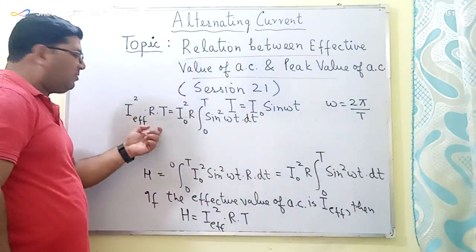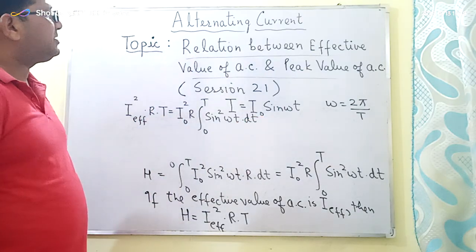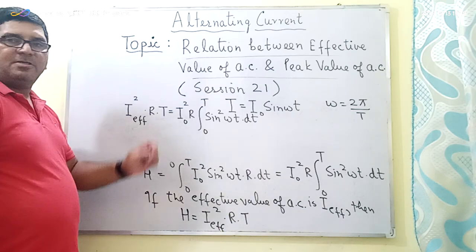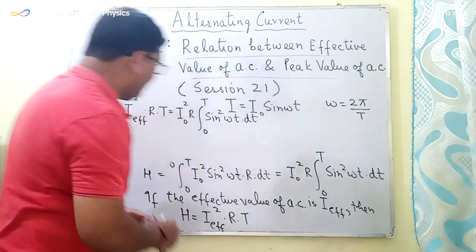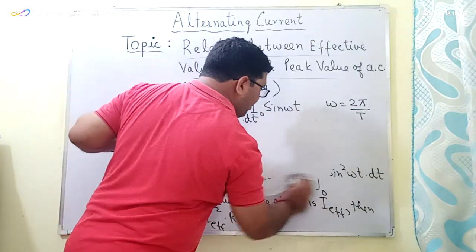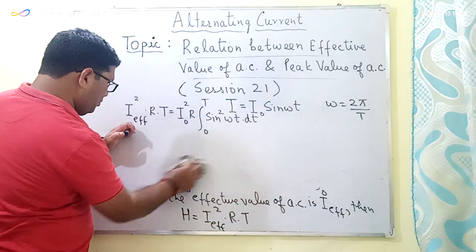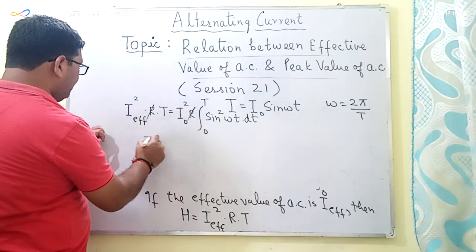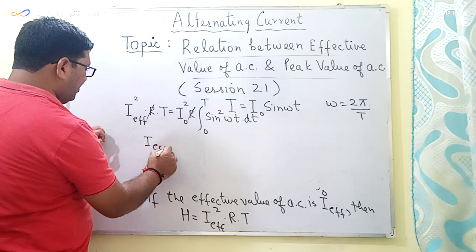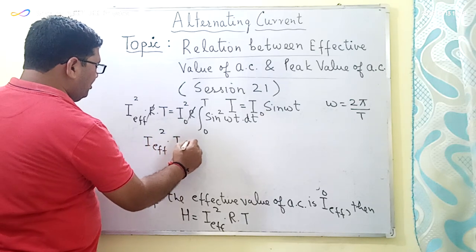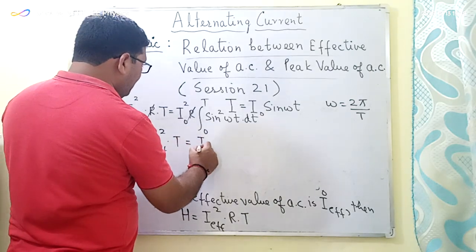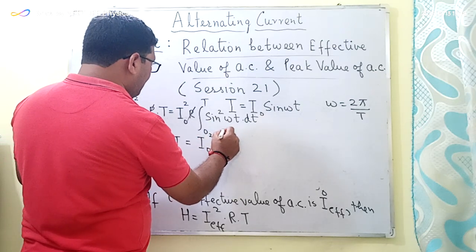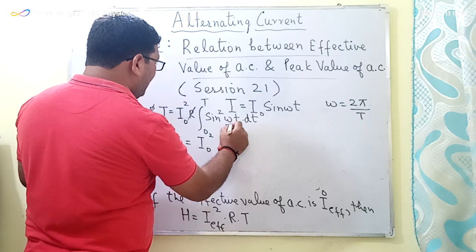Now with the help of this equation, I will be able to find the relation between the effective value of AC, or the RMS value of AC, and its peak value. So from here this R and R will get cancelled out. So I effective whole square into the time period is equal to I naught square and integration within the limits of 0 and capital T.